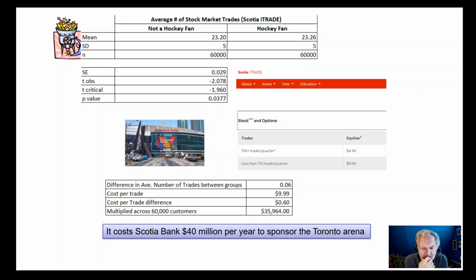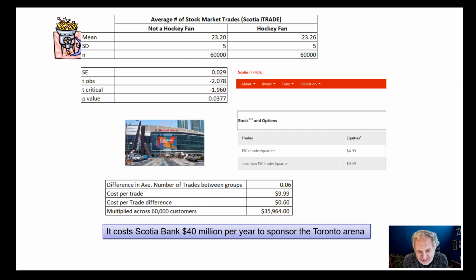What does that represent? If each trade costs $10, and the difference is 0.06 of a trade, then 10 times 0.06 is 0.6.